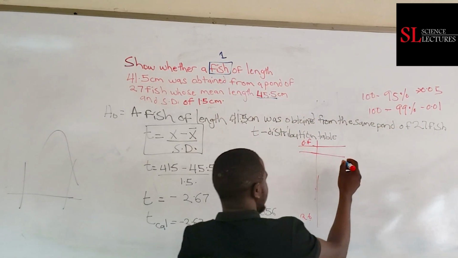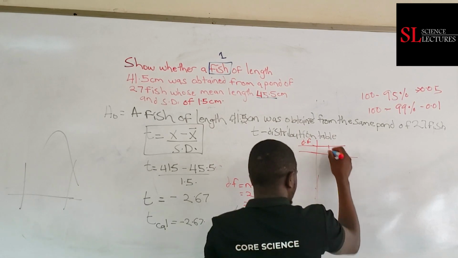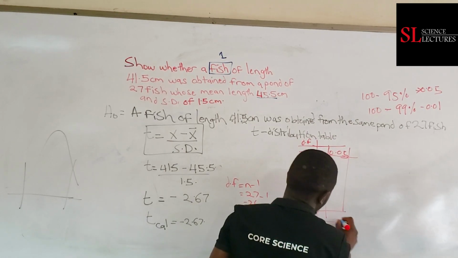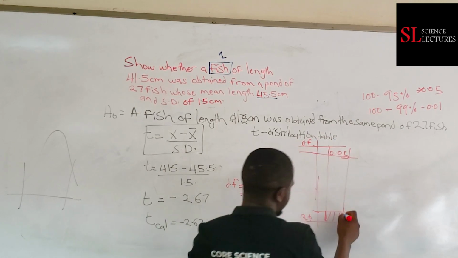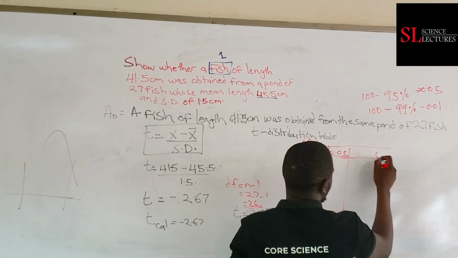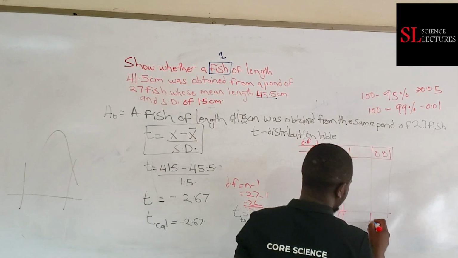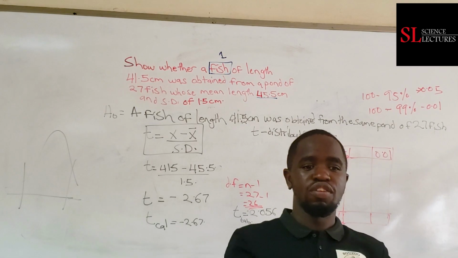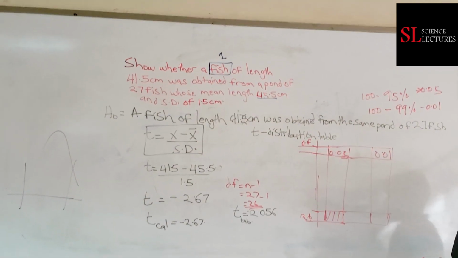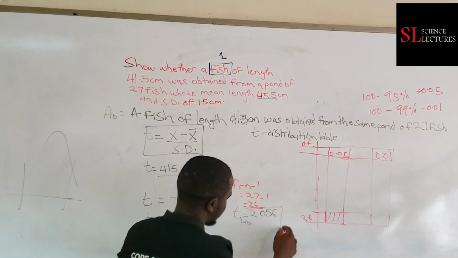So, in this case, my critical value was read off at 0.05. The column where 0.05 and 26 meet is where we read off our value. Or another person can decide to use 0.01. Still the same thing, where 26 and 0.01 meet is where we read off our critical value. That is how we obtain our critical value, which is in this case T tab.